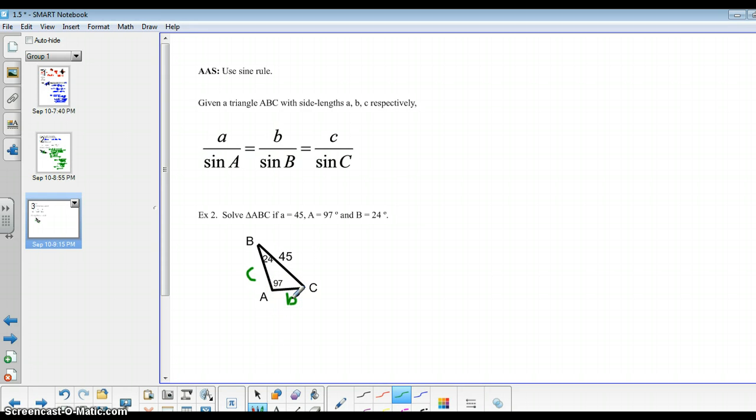Okay, so make sure you take the time to set up your significant figures. Our A is given as 45, our angle of A is 97 degrees, and our angle of B is 24 degrees. So again, in this problem, we're going to be using our degree mode on our calculator.